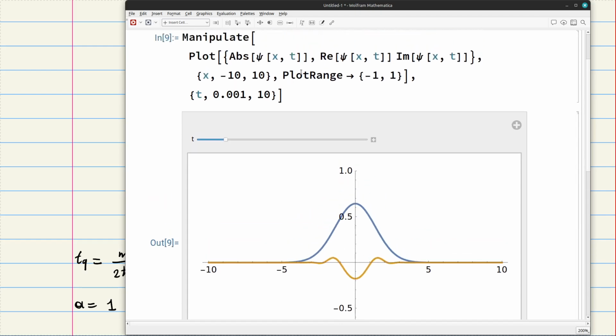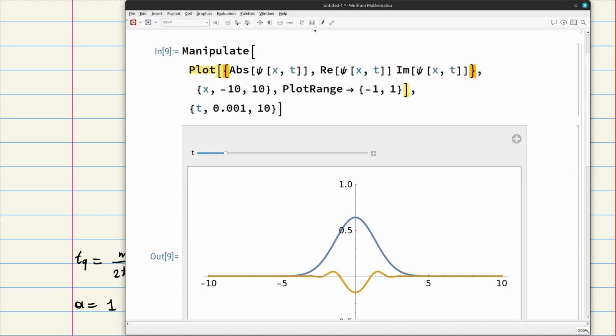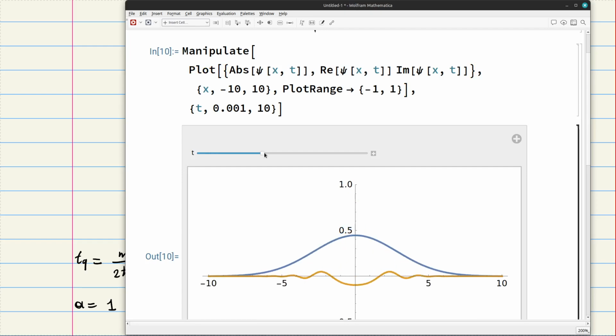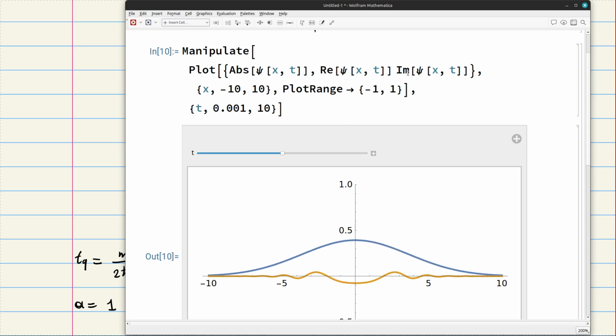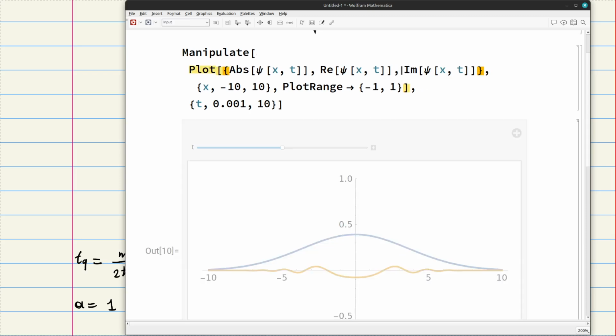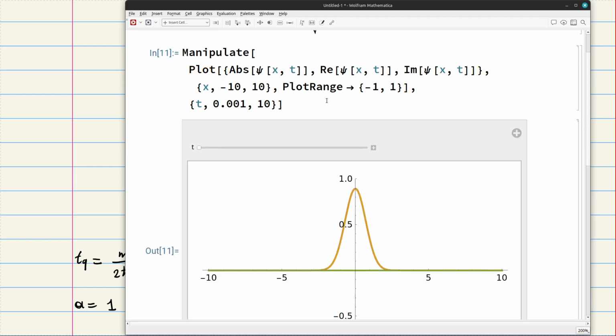So for some reason, this is the real part. This is the imaginary part. Okay, I think I didn't put a comma, that's why. Okay, now I think they're all here.